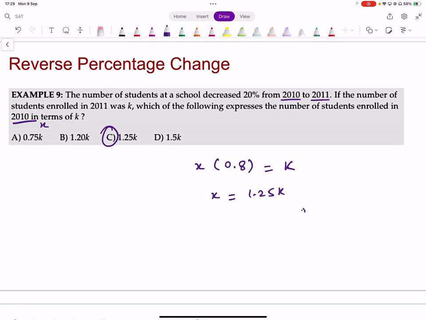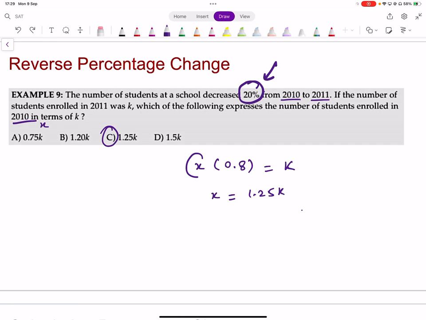So you see, it says the percentage decreased by 20%. It does not mean that you would just write 1.2 there by adding 20%, because the base is 2010 here. Base is not 2011. You're not going to increase 2011's number by 20%.